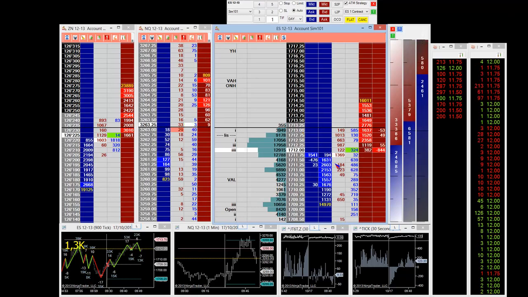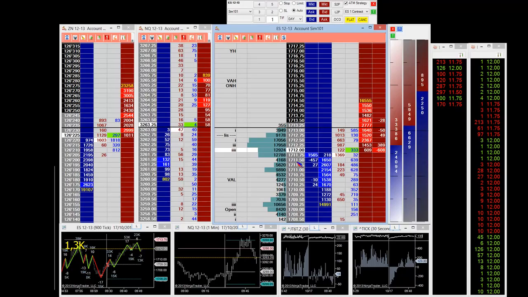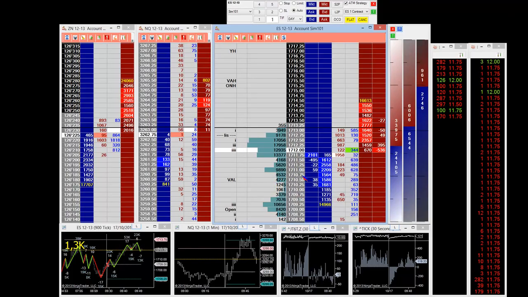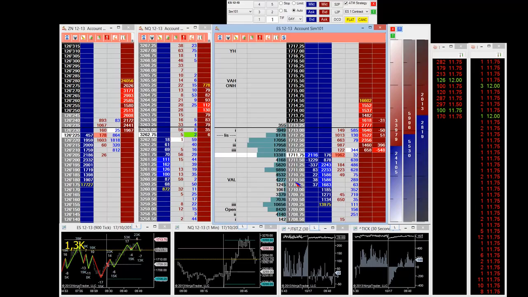So right now, probably the worst place for you to have a stop loss would be 1711.50 or 1711.25, because it's roughly in that area where people are going to bail out. If you've got a stop loss down here, 1710.75, again, there's not much stopping the market going through there.